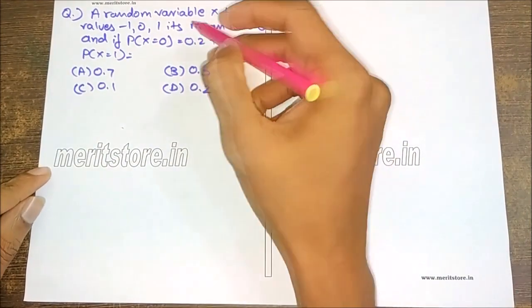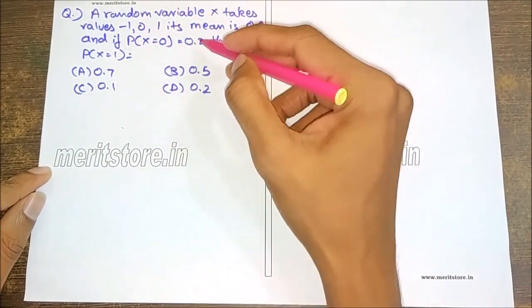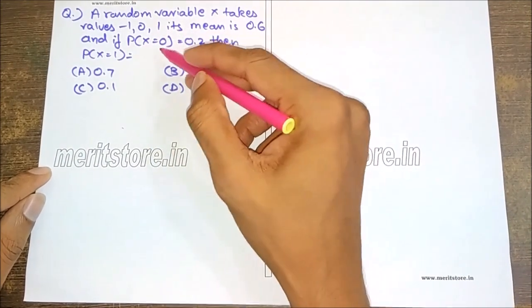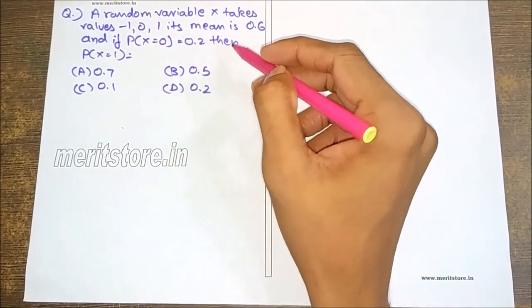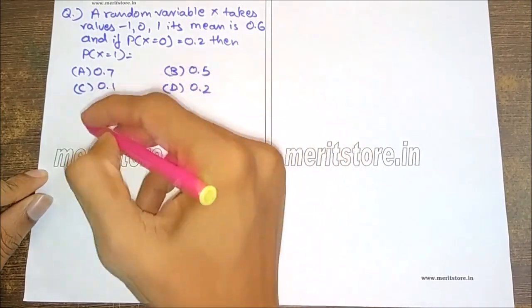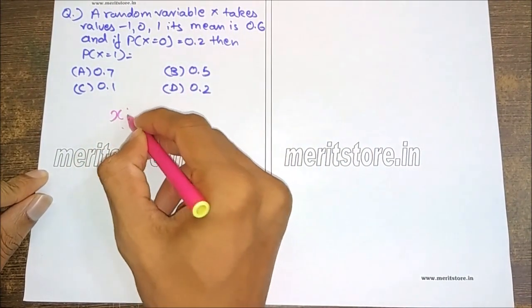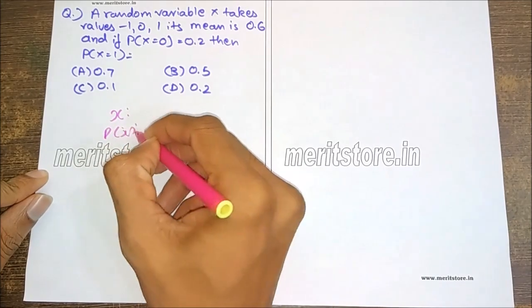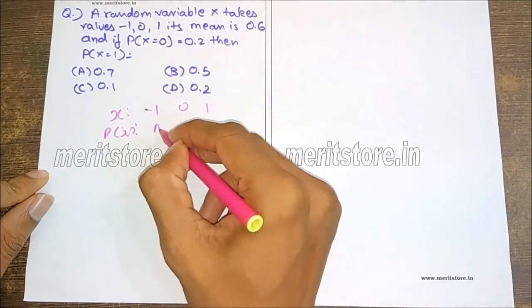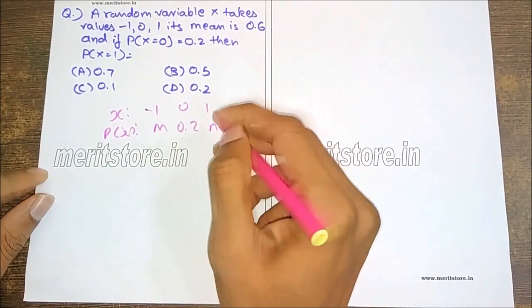A random variable x takes values minus 1, 0, 1. Its mean is 0.6, and probability of x is equal to 0 is equal to 0.2, then p of x is equal to 1 is equal to, they give 4 options over here. Let x be minus 1, 0, 1 and p of x be m, 0.2 and n.